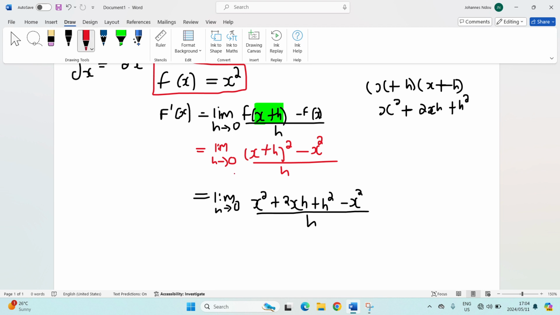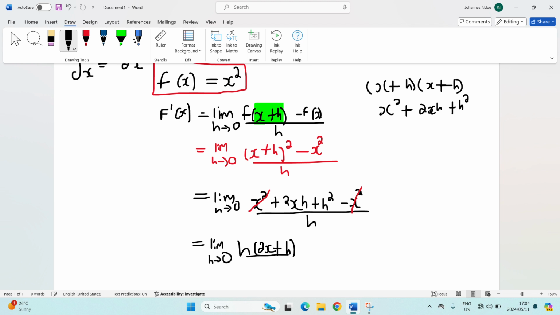Now, I'm going to cancel the x squared and the x squared. So this one will cancel this one. And all I'm left with is 2xh plus h squared. So I still write the limit as h approaches 0. Now, take out h as a common factor. I'm going to be left with 2x plus h.